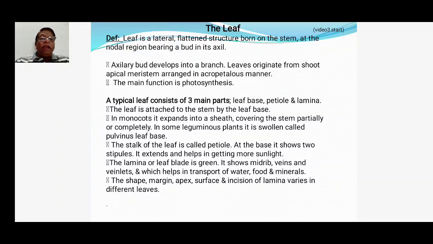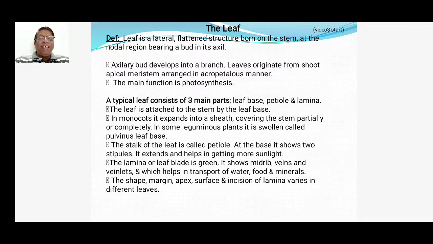What are the three main parts? Leaf base, petiole, and lamina. Now we shall explain one by one. Leaf base.